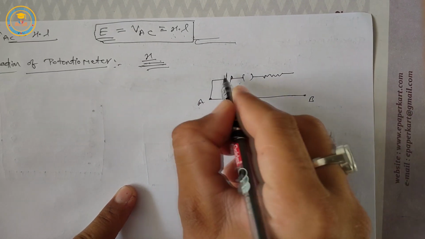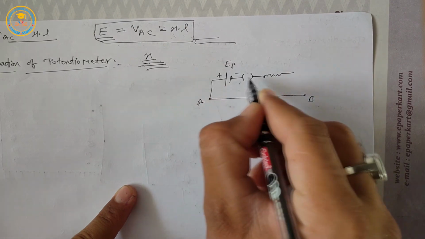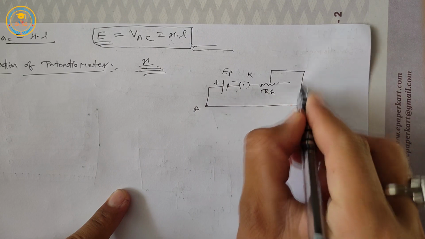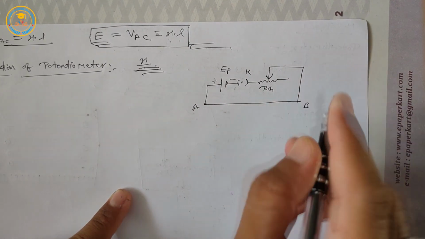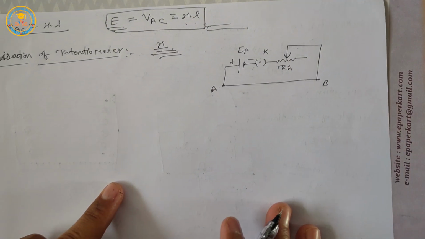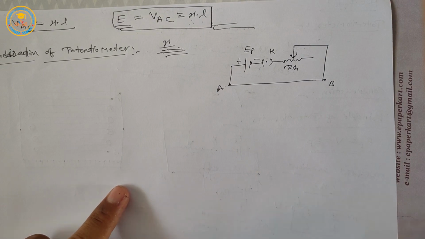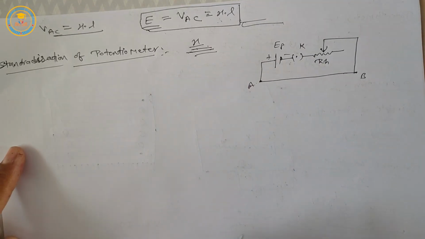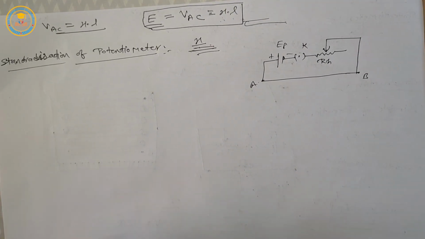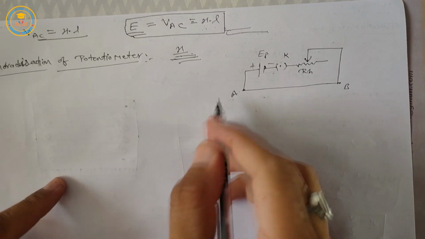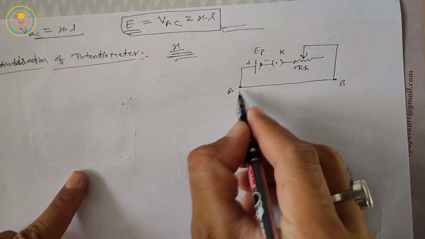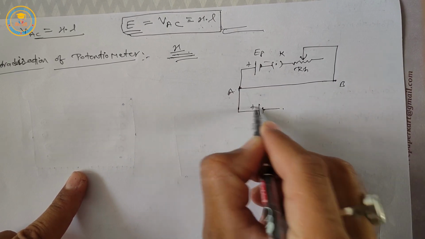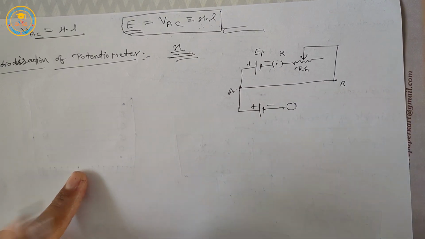In this circuit, a battery EP, a key K and a rheostat RH are connected in series between points A and B. For this process, a standard cell like Daniell cell or cadmium cell is connected in the secondary circuit.